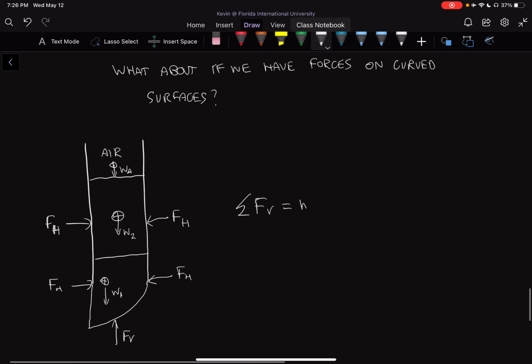So W1 plus W2 plus W air would be equal to that force V. So the sum of the forces vertical: FV on one side is equal to everything counteracting FV. But we're not going to go into it for this class since it does become quite complicated, and there are other subjects outside of hydrostatics that are more interesting that we want to get to as well.